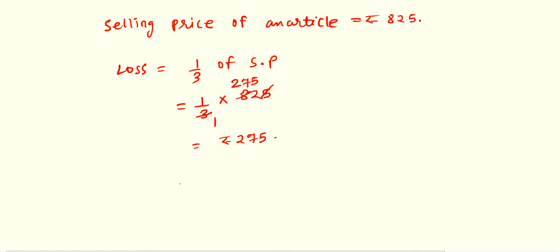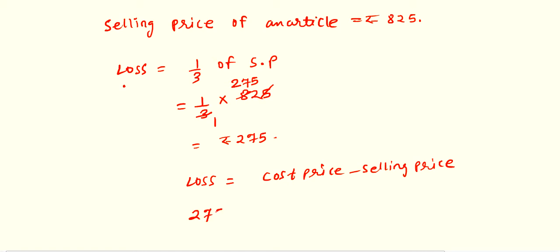As you know, loss is here and we have to find cost price. So loss equals what? Loss equals cost price minus selling price. So your loss is 275 equals cost price, which we have to find, minus selling price, which is given to us as 825.